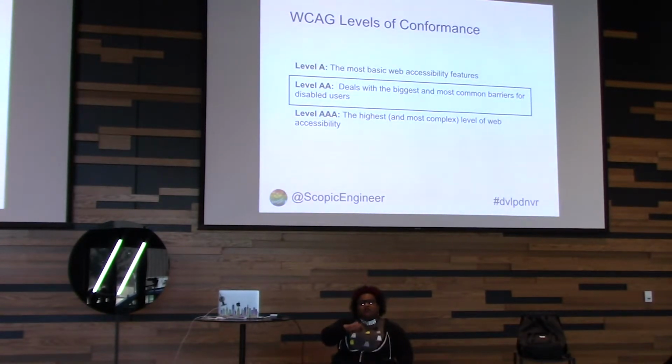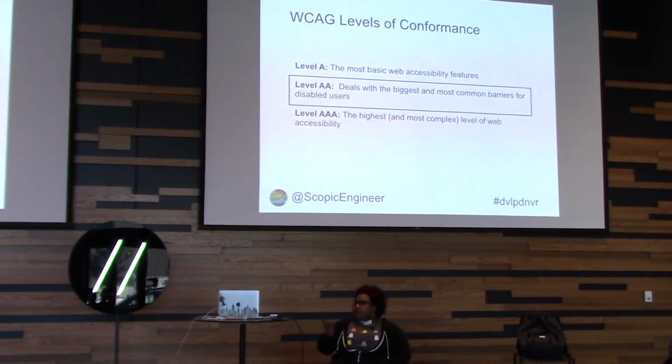It was either June or January of 2018, and that deals with the biggest and most common barriers for disabled users. It makes sense that to be considered accessible, you have solved for the most basic issues and some of the most blocking issues.